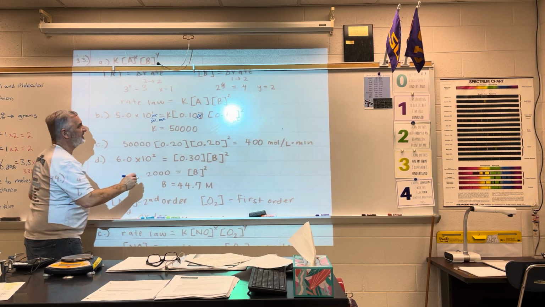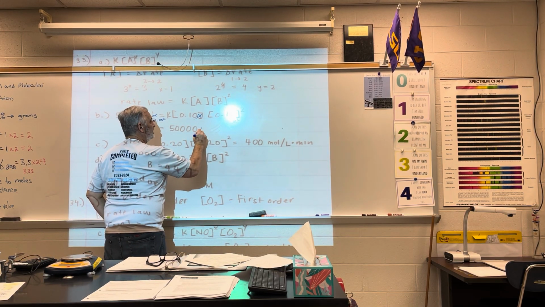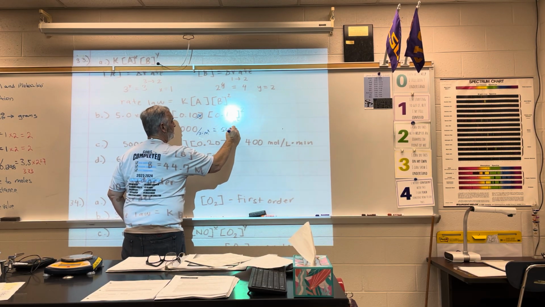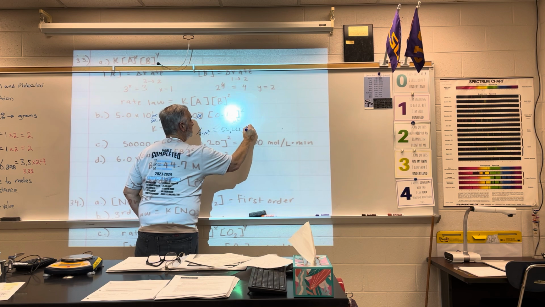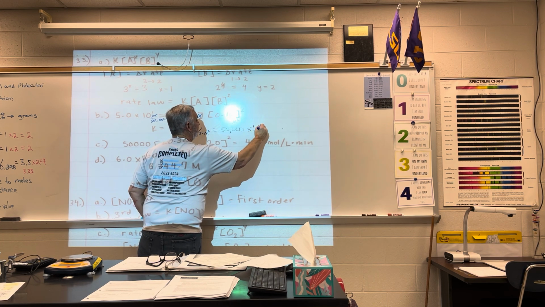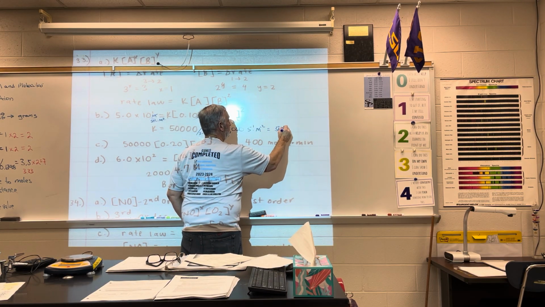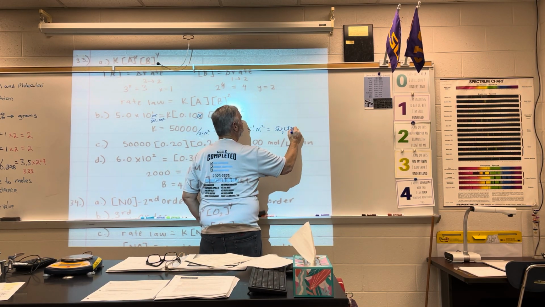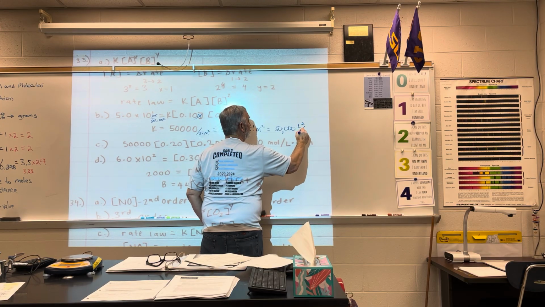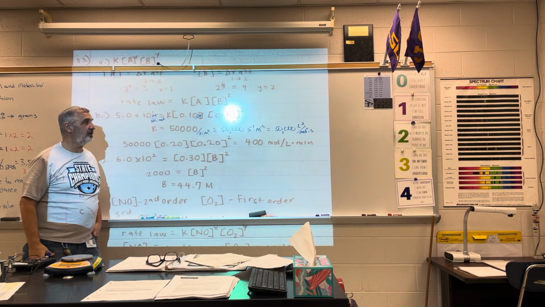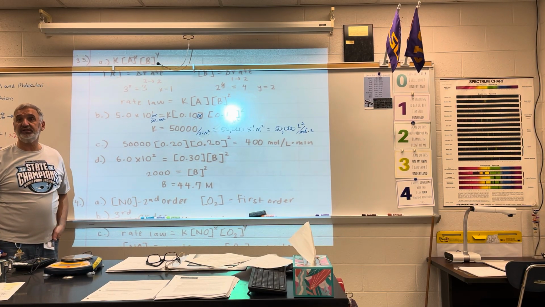So it's going to be 50,000 seconds times molarity squared, which you could say 50,000 seconds to the -1 times molarity to the -2, or you could say 50,000 liters squared over moles squared times seconds. Either one of those is a legitimate way to express the units.